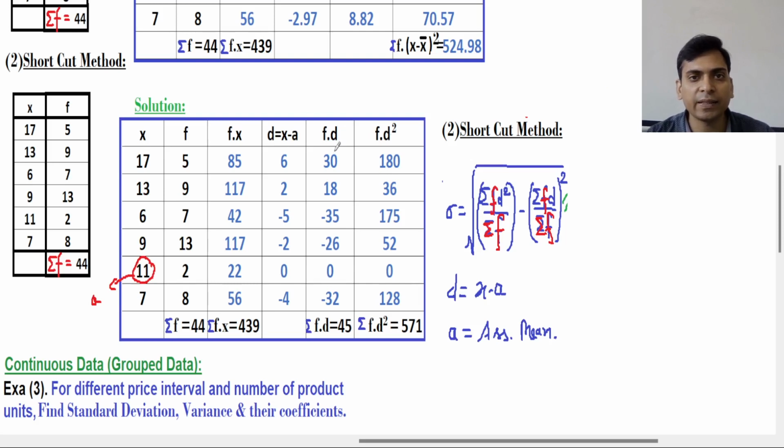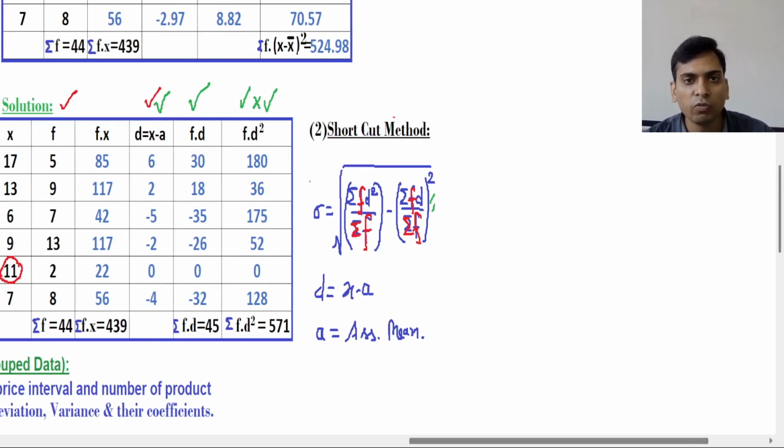So we will create the FD column first. This means the product of this D and this F. So this is the FD column: 5 into 6 is 30. Then you need the F into D square column. For that, simply take this FD into D, and then you will get the FD square column. The summation of this is summation FD square, and the summation of the other is summation FD. Now you will put all these values in this formula.